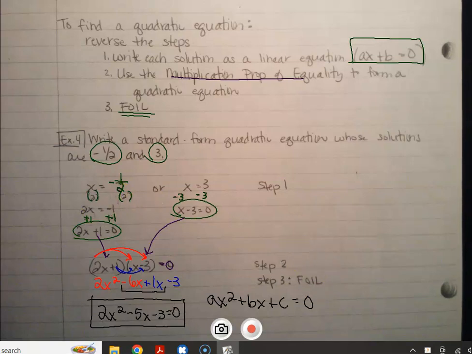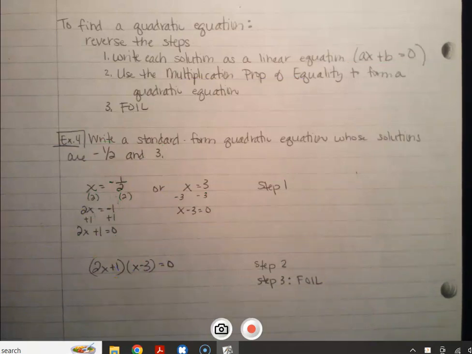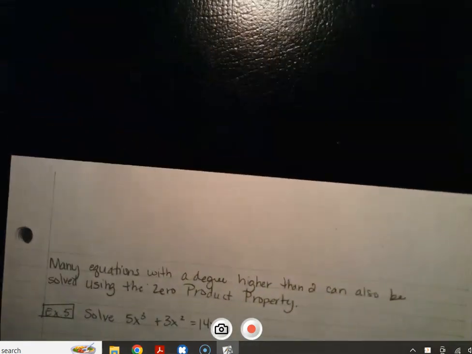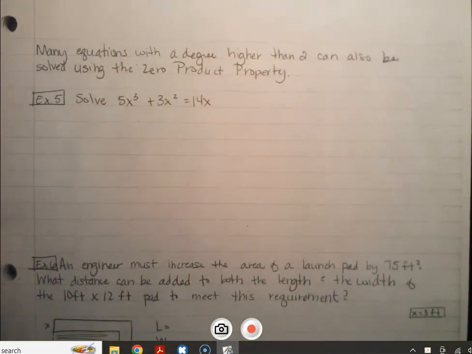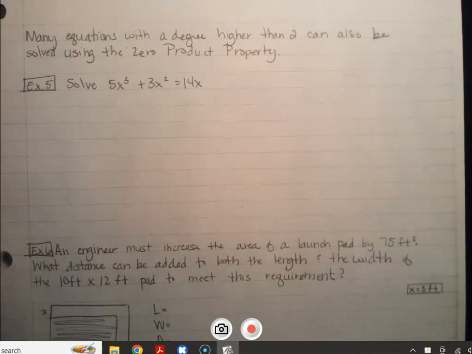All right, let's have you try one. This one's a little harder. We're going to work through it. Many equations with a degree higher than 2 can also be solved using the zero product property. So we've got 5x cubed plus 3x squared plus 14x.